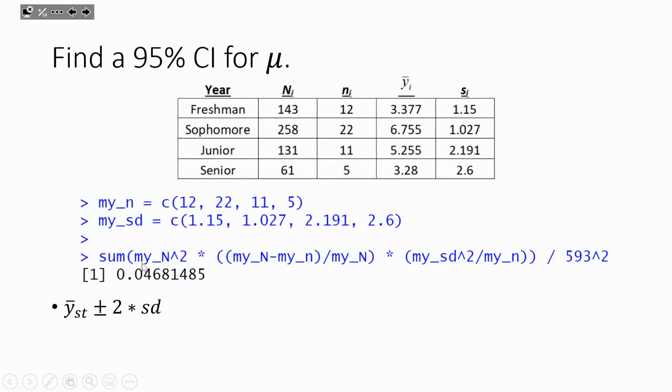And then you can look at each piece of what we're doing here. We have my big N squared, so that's the N sub i squared, times my big N minus my little n, in parentheses, divided by my big N. So that's our finite population correction factor.